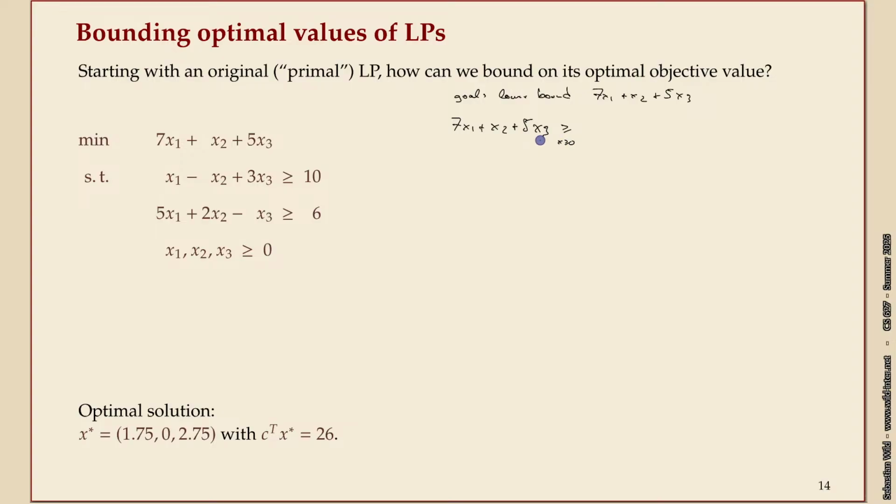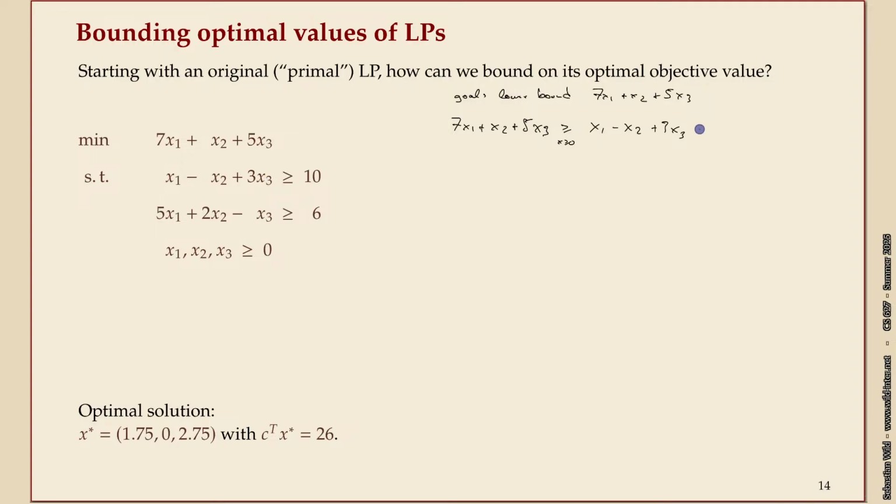That makes the overall value smaller. In particular, instead of 7, we can take 1 for x1. Instead of +1, we can take -1. And instead of 5, we can take 3. And then I've essentially reproduced this first constraint.